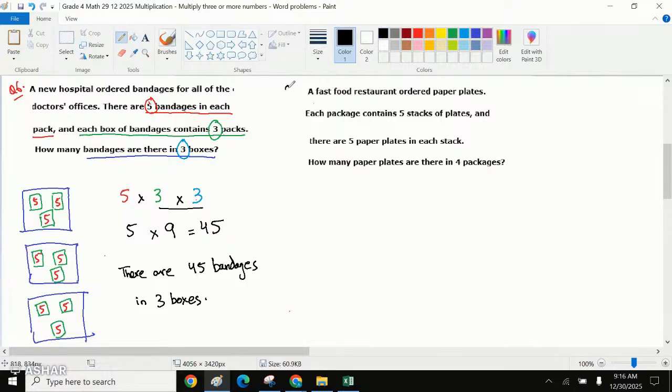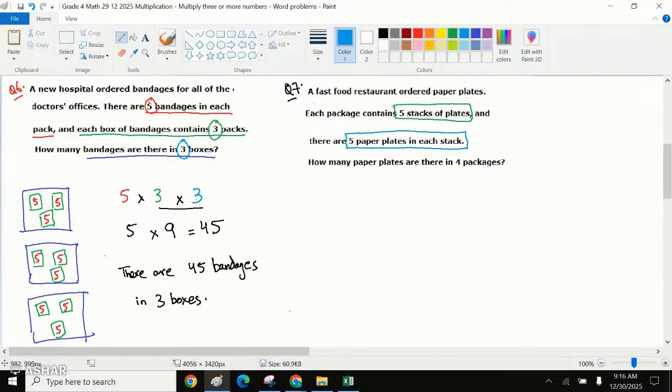So question number 7 says, a fast food restaurant ordered paper plates. Each packet contains 5 stacks of paper plates, right? There are 5 paper plates in each stack.